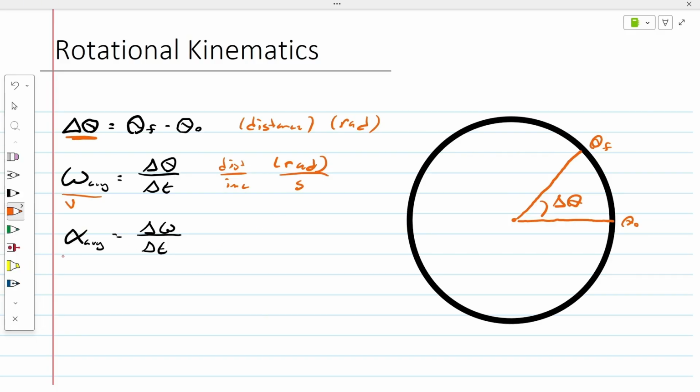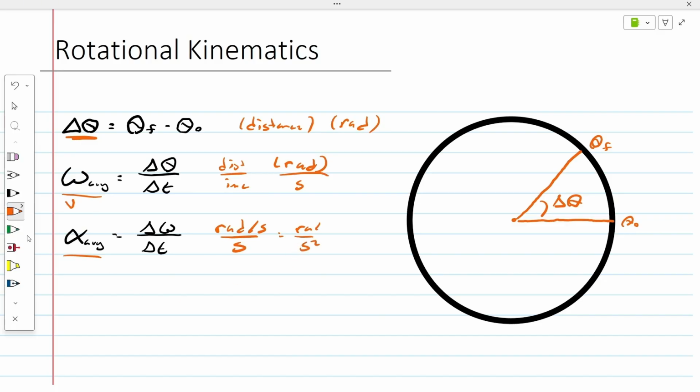And now this alpha is our angular acceleration. This angular acceleration is angular velocity over time, and velocity over time is just acceleration, so it makes sense. For our units, we'll have a radian per second over seconds, which is going to equal a radian per second squared.